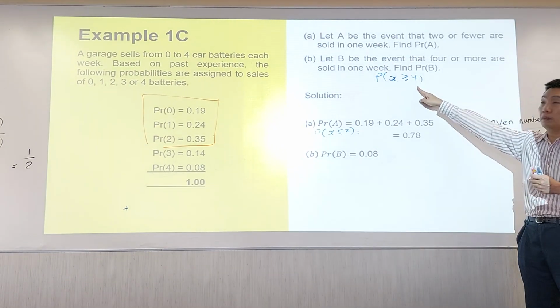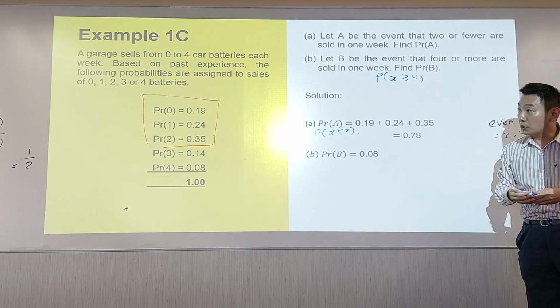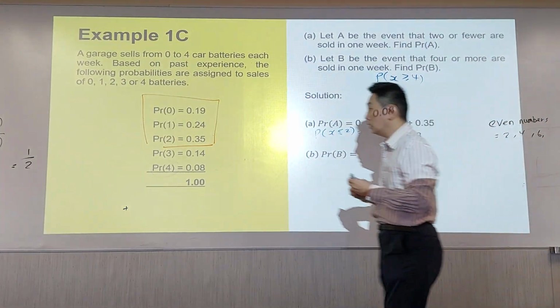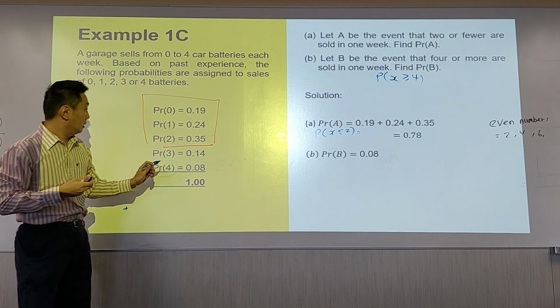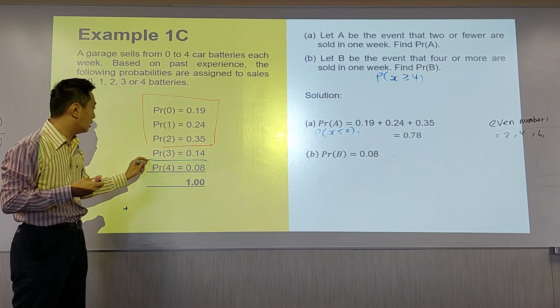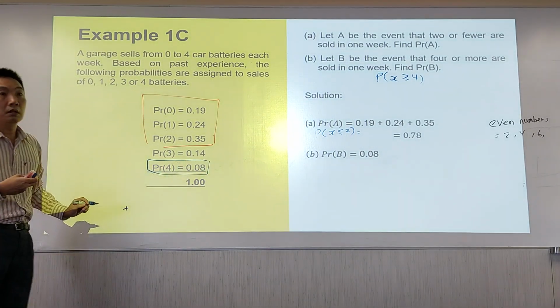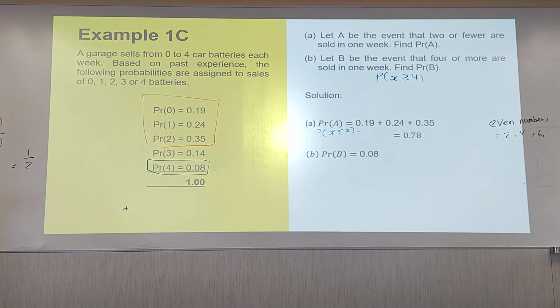So we have to include 4 and above, when X is equal to 4 or above. So we check which class shows battery sales equal to 4 or above, only this class. Right? Only this one. So you just put the answer 0.08. So far so good?